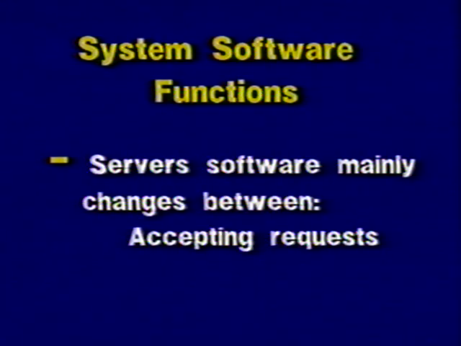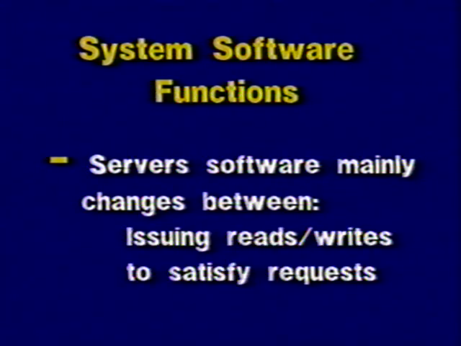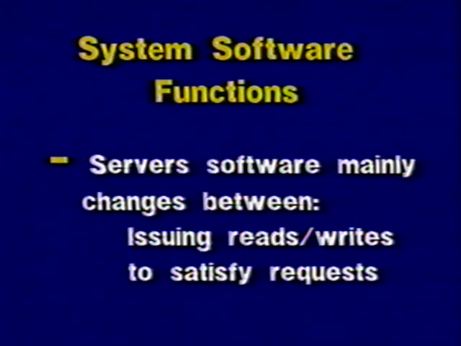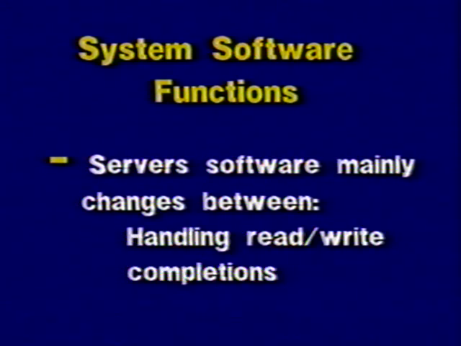It's going to issue reads and writes to satisfy those requests. So that would be write requests to disks or printers, for example, or reads from the disk drive. Then after it issues the request, it's going to wait for the completion to occur, and so it's going to handle read-write completions.